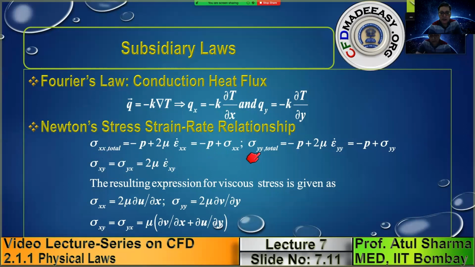What we commonly do in CFD, and what will be presented in this lecture, is to present the pressure and the viscous stresses separately.